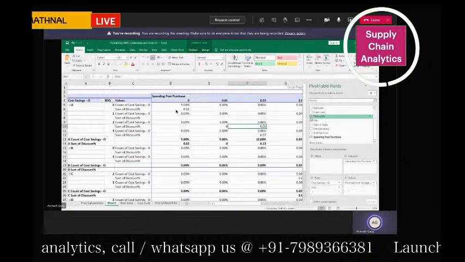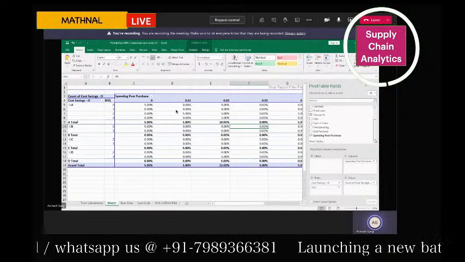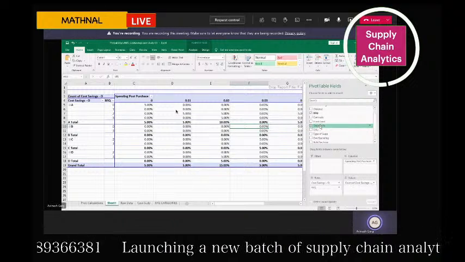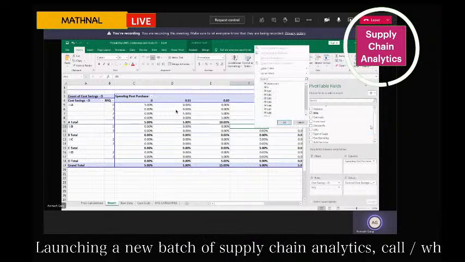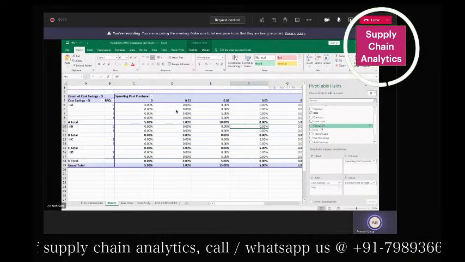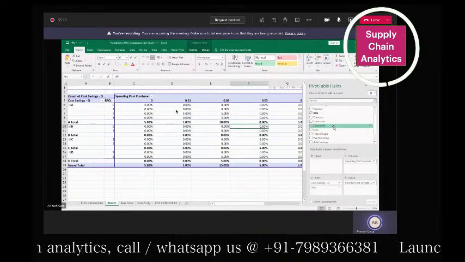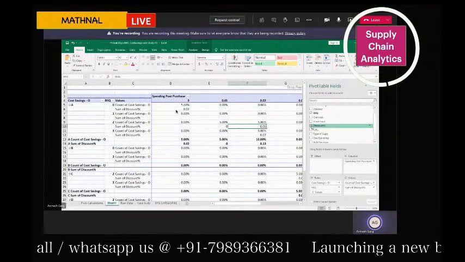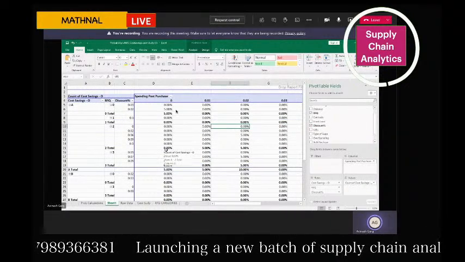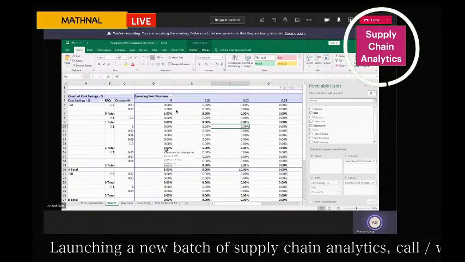Something happened. This is discount. Why is it not taking? Just drag the discount percent into the row section. Drag it. Okay, now it is. Okay, so like that we can do.